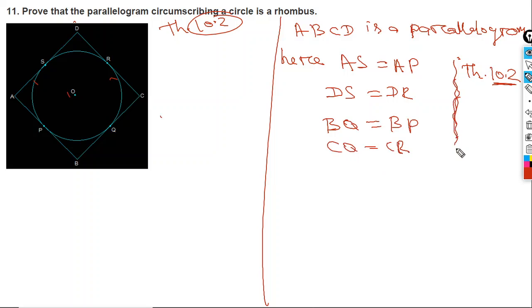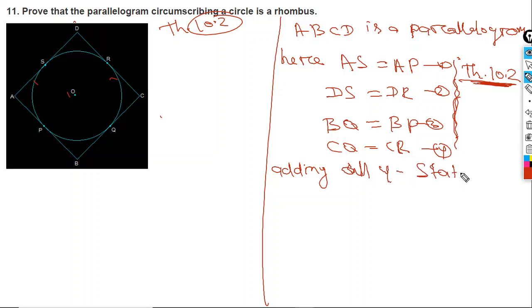For all of them, the reason is Theorem 10.2. Now you can number them 1, 2, 3 and 4. Adding all the 4 statements.